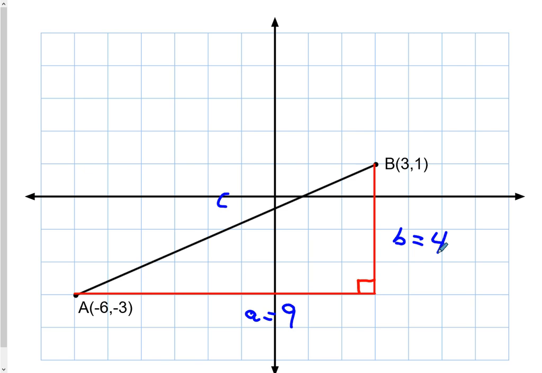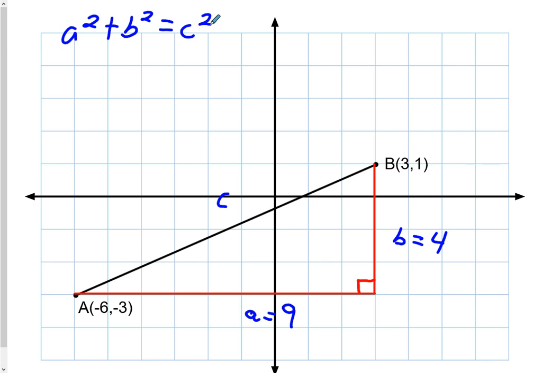Now, if you recall from Algebra 1, Pythagorean theorem says A squared plus B squared is equal to C squared. So this rise of 4, run of 9, if you familiarize that with the slope of a segment or slope of a line, it's the same thing as slope. But in this case, we're using it to calculate the length of our segment.